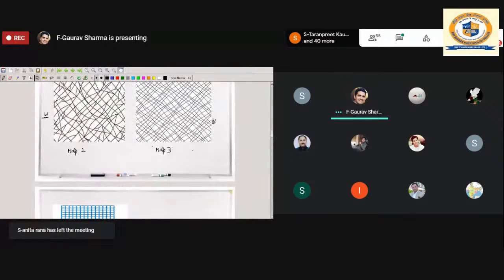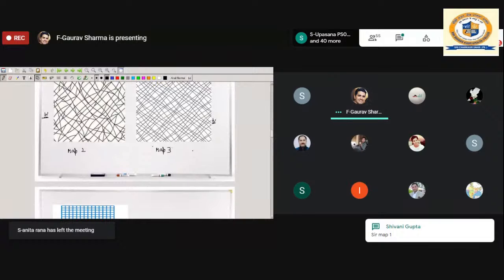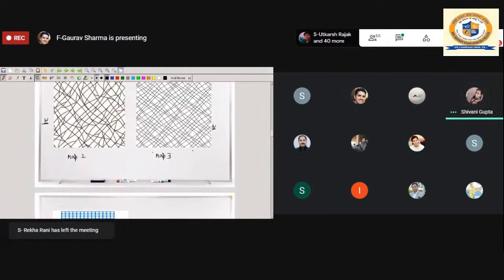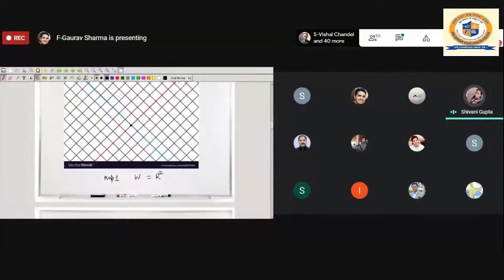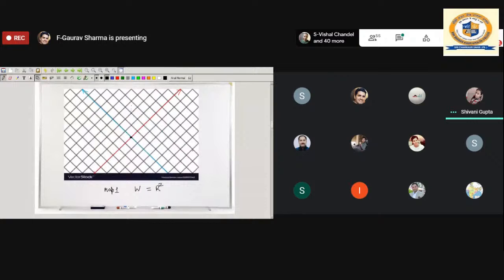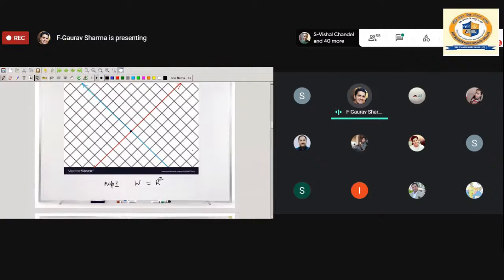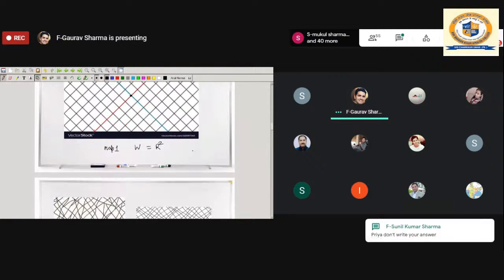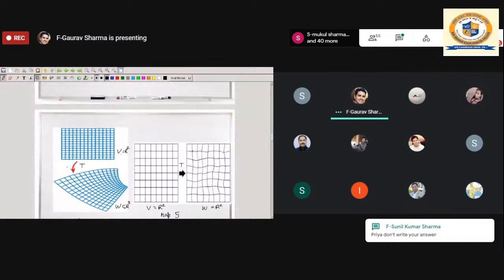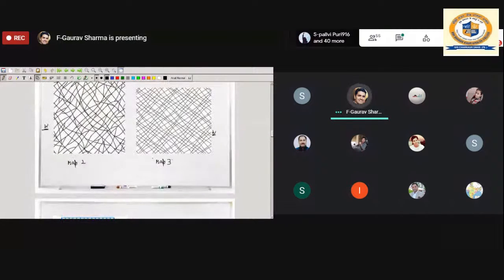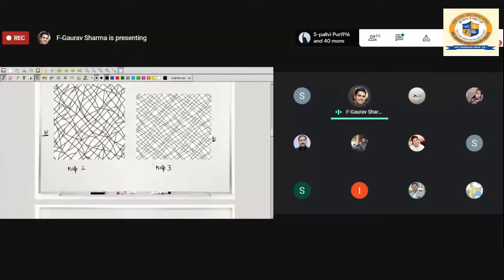Yes, Shivani Gupta. Sir, map 1 is linear. Okay, you think map 1 is linear, and the others do not seem like they are linear.